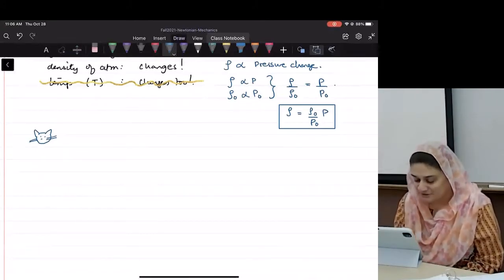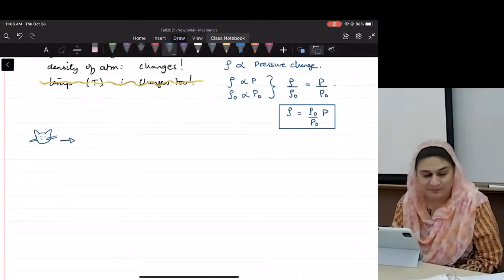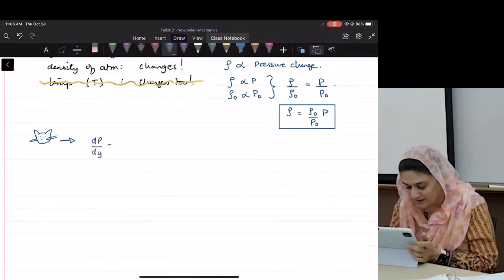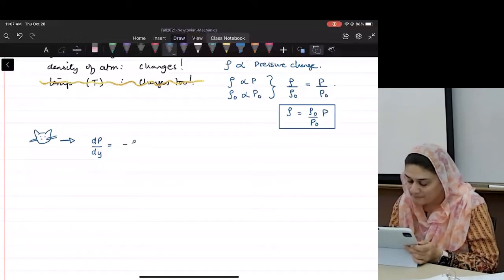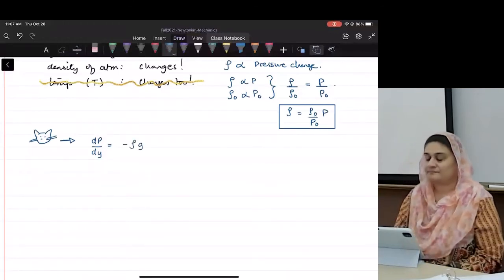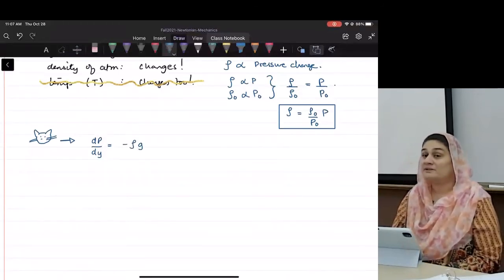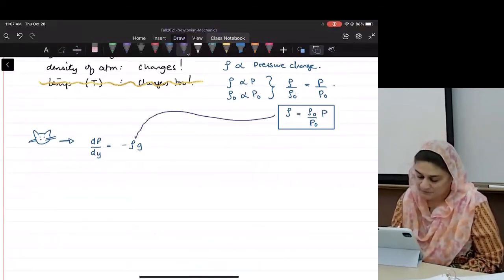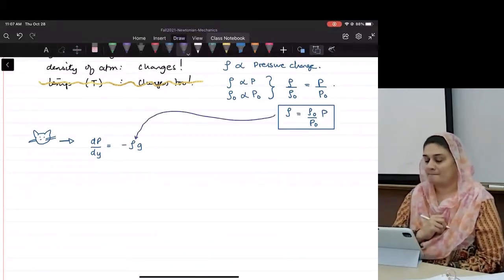Right? Our cat equation again will give me what? dP over dy equals minus rho g. But my rho is no longer constant. So what do I have to do to plug this in here?